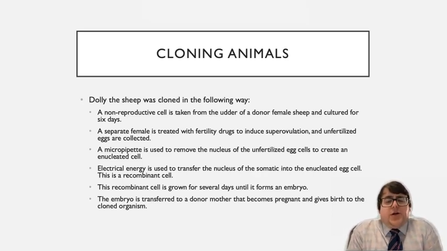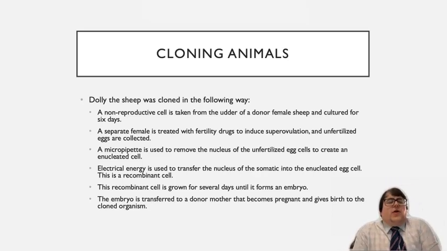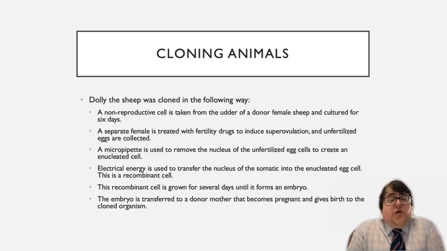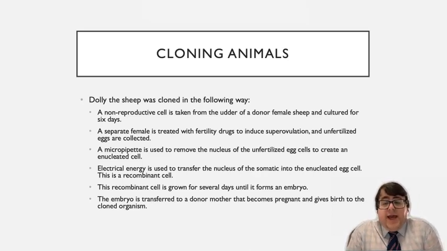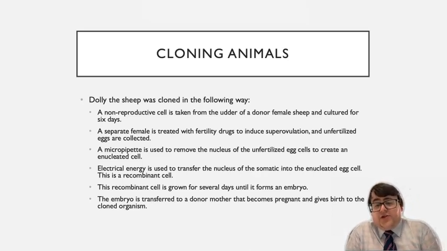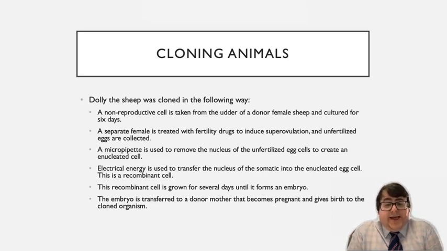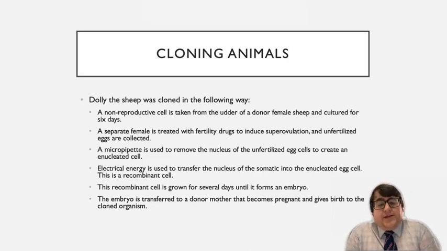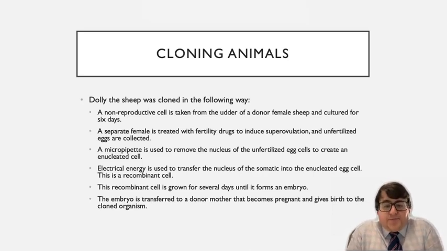Talking about Dolly the sheep, so our first official clone, the process of cloning Dolly was, first off, a non-reproductive cell, a somatic cell, was taken from the udder of a donor female sheep, and it was cultured for 6 days. We then took a separate female of a different species of sheep, and we treated that sheep with fertility drugs to induce superovulation, which created unfertilized egg cells, which we could collect.